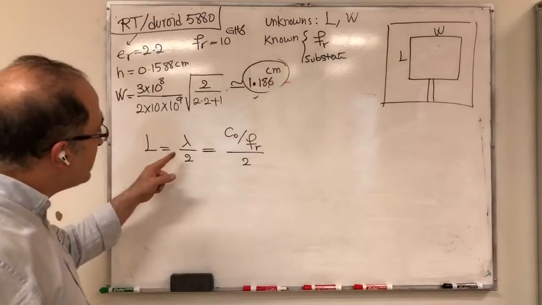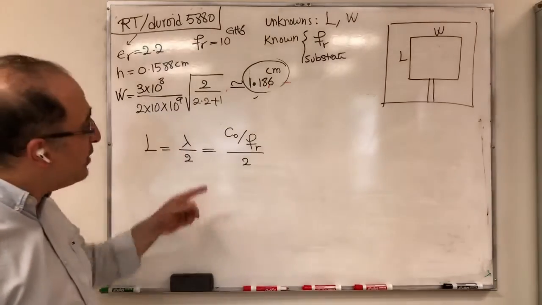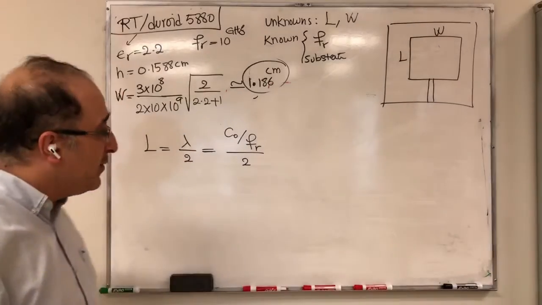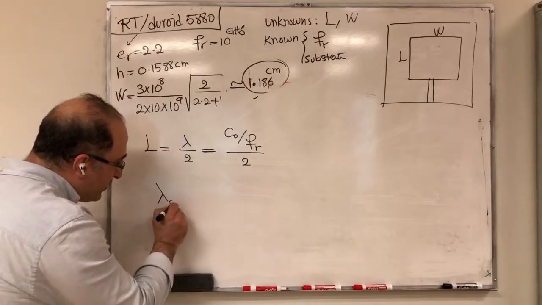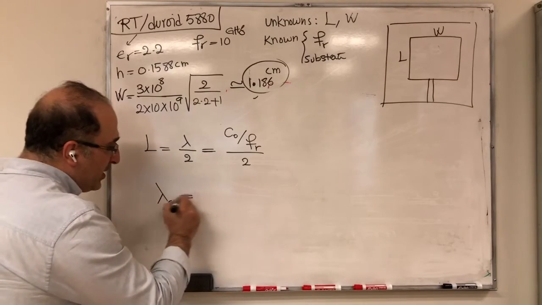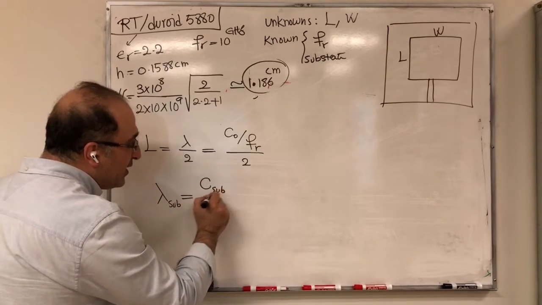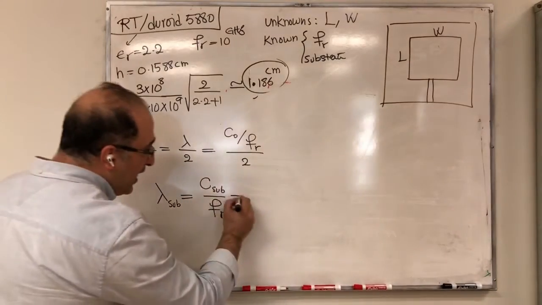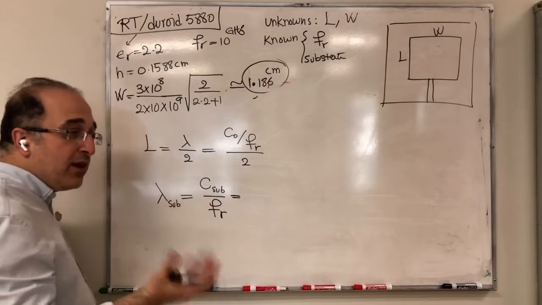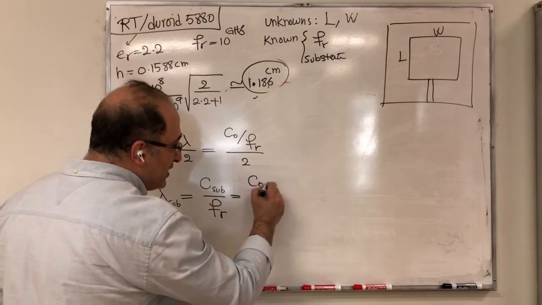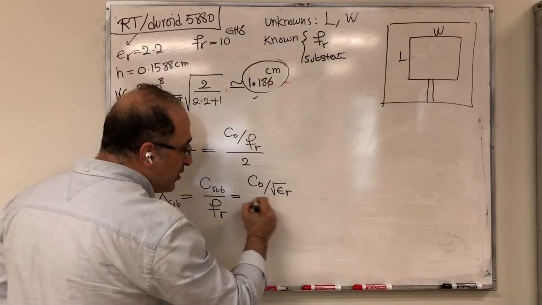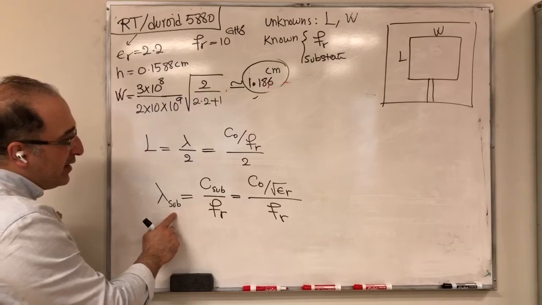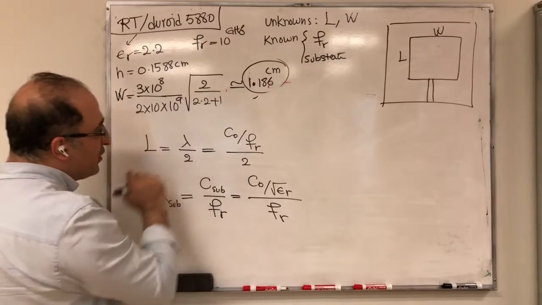Is it the wavelength in air or free space, which corresponds to C naught, or is it the wavelength in the substrate? The wavelength in the substrate would be velocity in the substrate divided by F. So instead of C naught, you have the velocity in the substrate, and velocity in the substrate would be smaller than velocity in air. So it would be C naught divided by square root of epsilon r of the substrate. So you see, lambda in substrate is going to be smaller than lambda in free space.